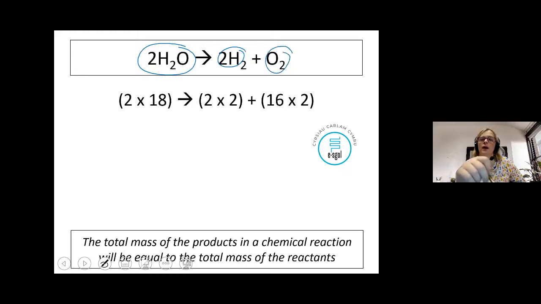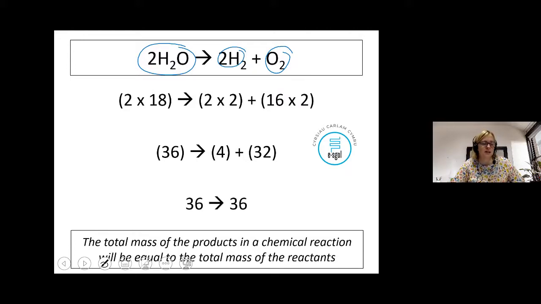And then oxygen has a mass of 16, and there are 2 of them in the diatomic molecule, and therefore equals 32. So if you add them up, 36 is equal to, on the other side, 4 plus 32, which, as always, and that is the aim of the game, you've got 36 both sides.